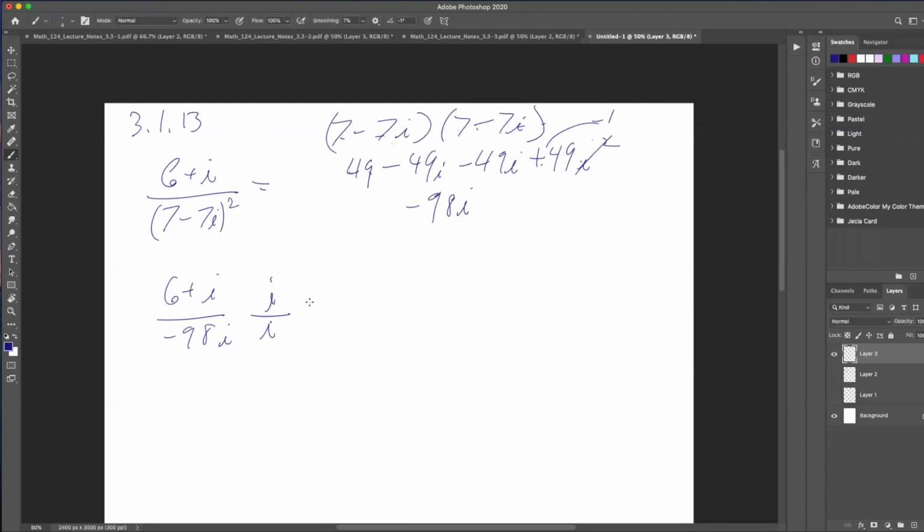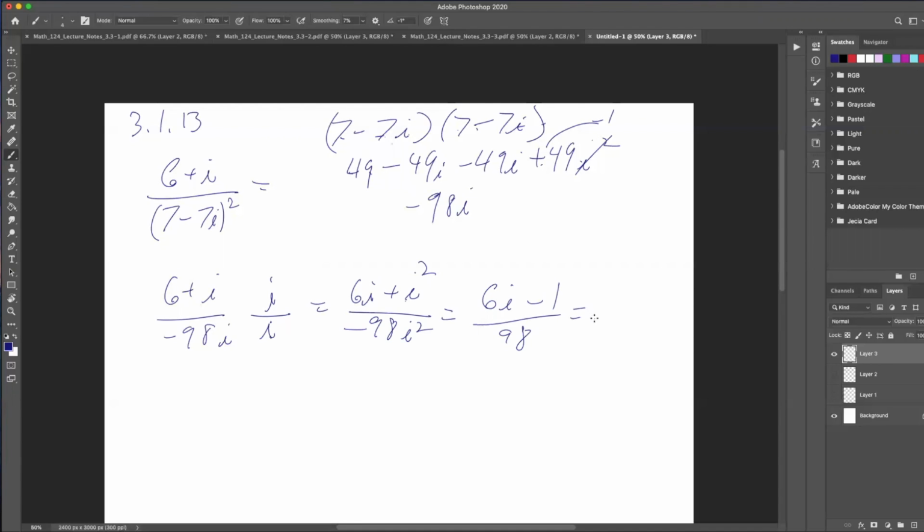So this times i would be 6i plus i squared. I'll just write it as i squared so I don't confuse you. And this will be minus 98i squared. Here, we're going to swap the i squares to negative 1s. And so the negative 1 is 98.